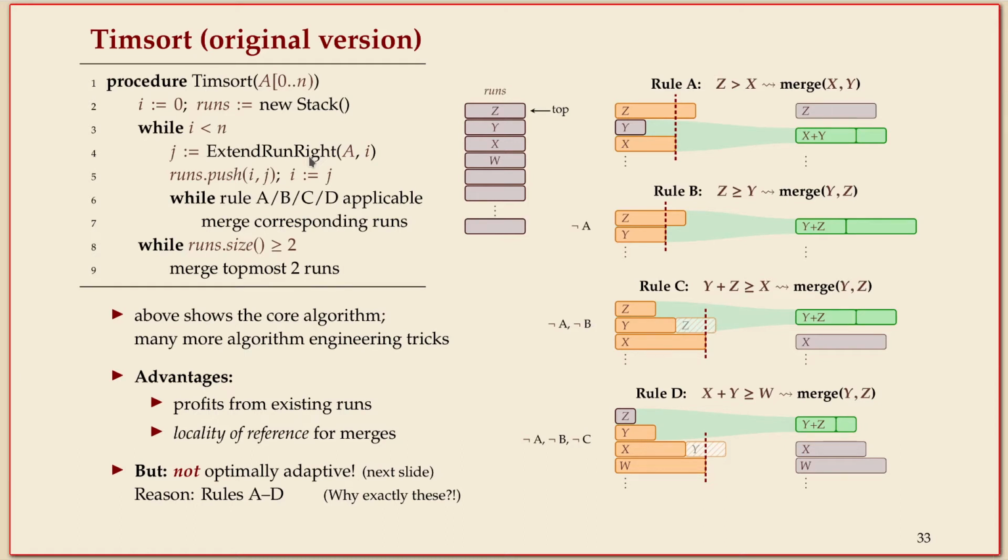Another thing is that when you merge runs, this doesn't do the standard merge all the time. It sometimes does what's called a galloping merge, where you sometimes save comparisons if the input is again structured in a certain way. And a few other tricks of this type. But they're not as relevant, and they haven't changed last September. It's just this part that we'll look at now. But the core version is as given here. You find the next run, put it on the stack, apply certain rules to maybe merge some parts, and then move on to the next run detection.